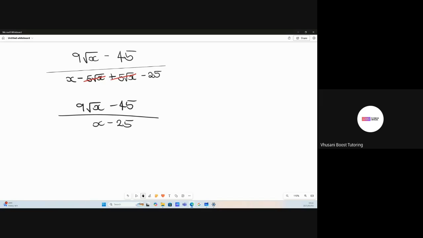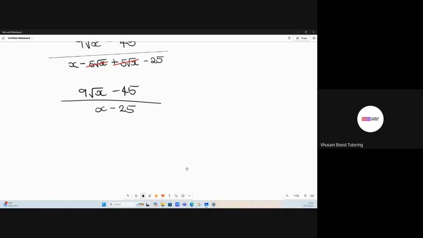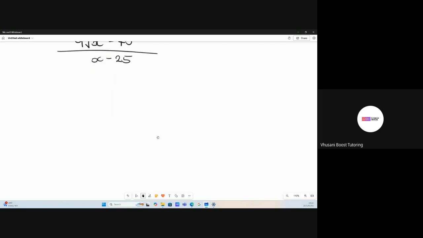So let's continue. The last type of rationalizing the denominator. Maybe for some of you it might not be new, but for most people it most definitely would be new. So let's say you have 2 over the 6th root of x.